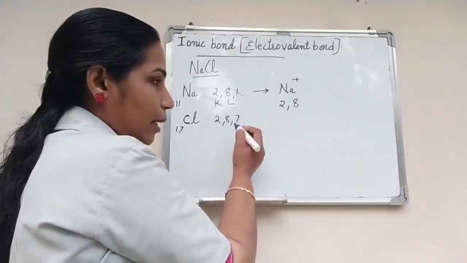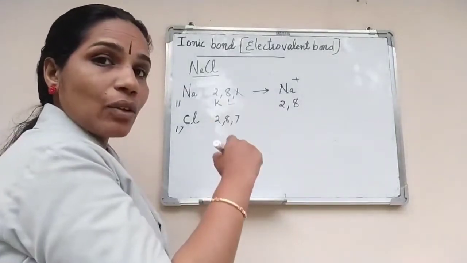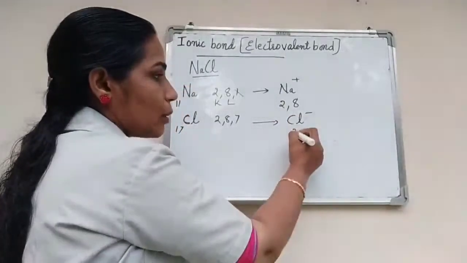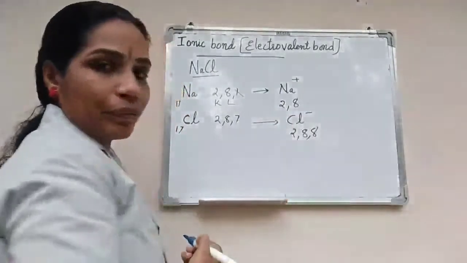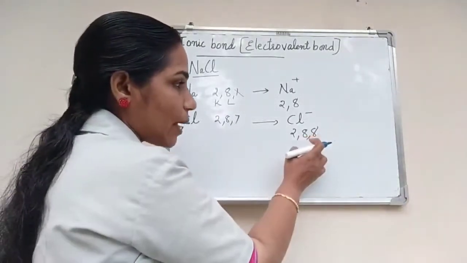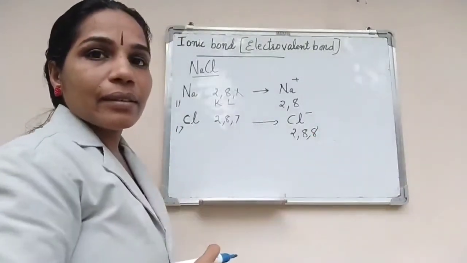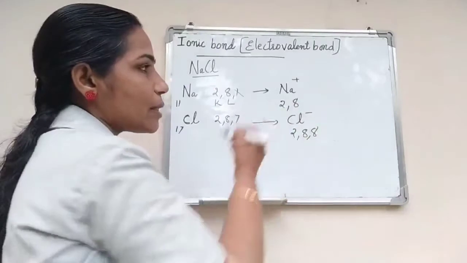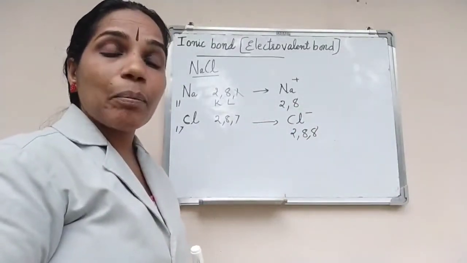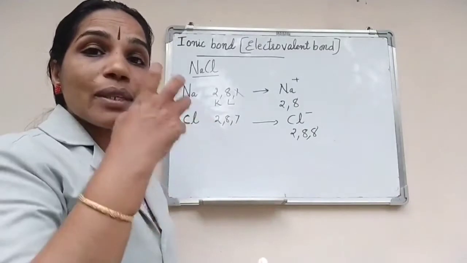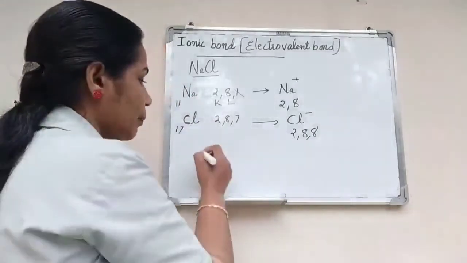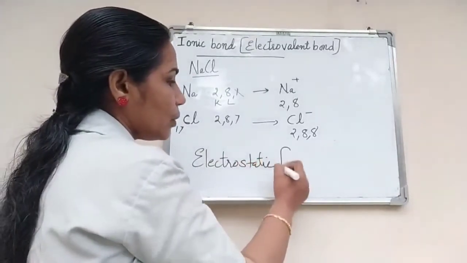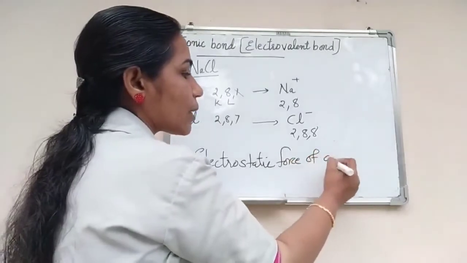Then by gaining 1 electron, the chlorine atom changes to chloride ion, 2, 8, 8. The number of valence electrons is 8. Octet state, stable state. Then these two ions are held together by a strong electrostatic force of attraction.